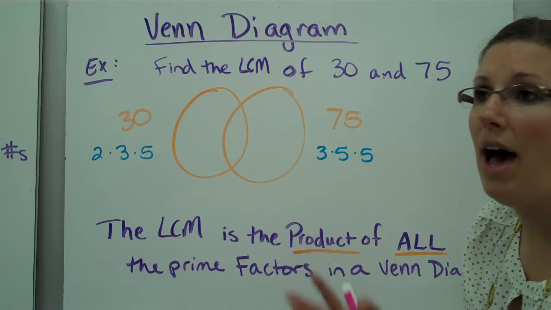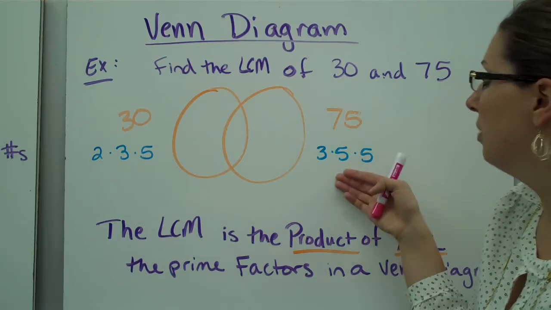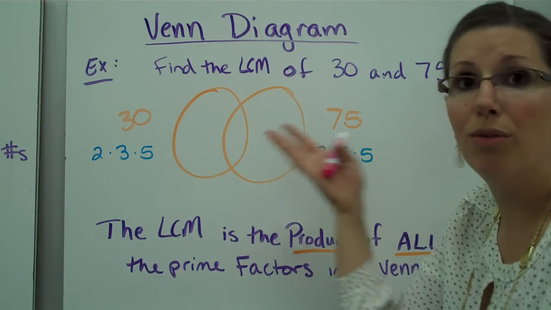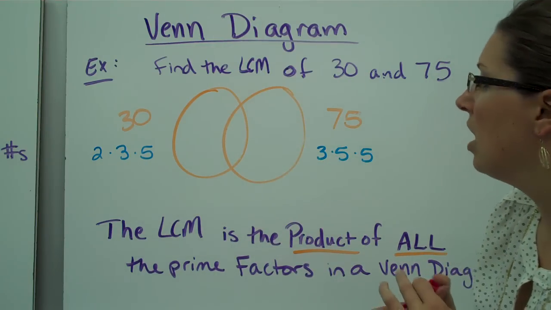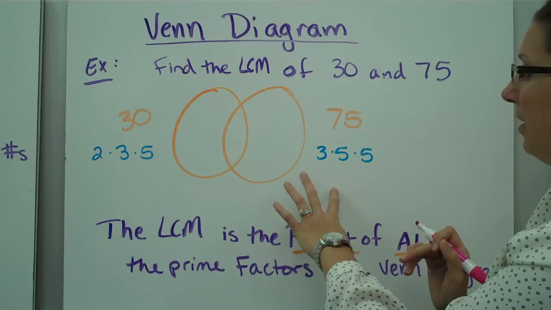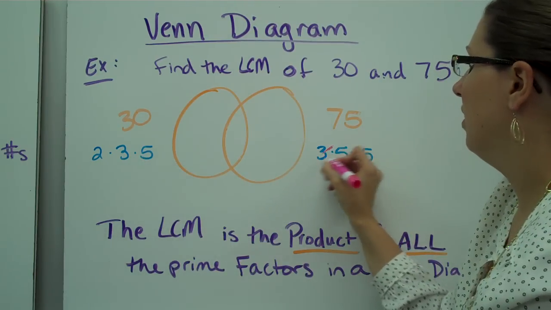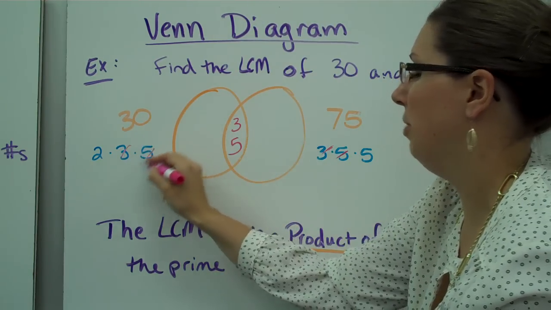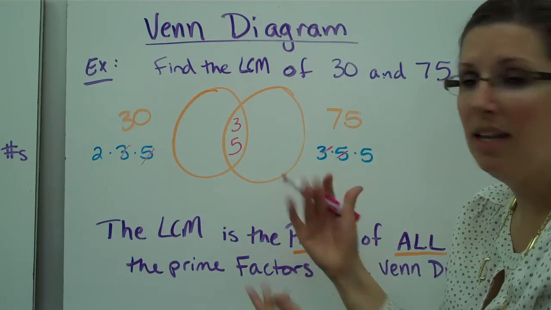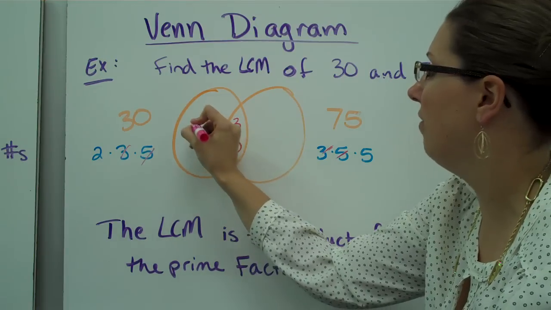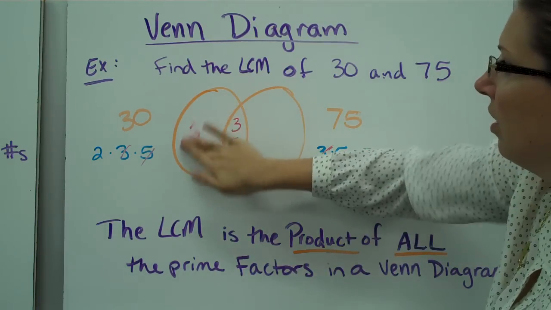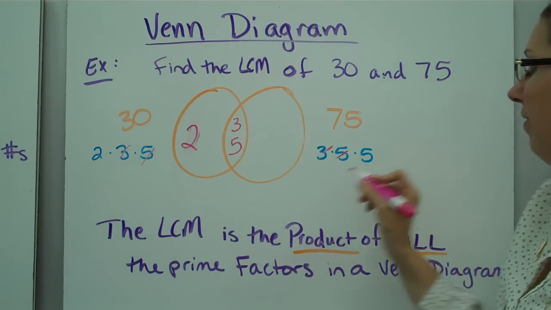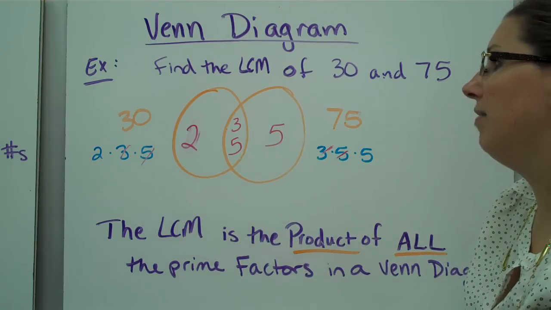The numbers that overlap between these two values, I'm going to put in the overlapping region of my Venn diagram. So I notice that I have 3 and 5 that overlap for each number. So those go in the region here, and then the remaining value for 30 was 2, and the remaining value for 75 was 5.